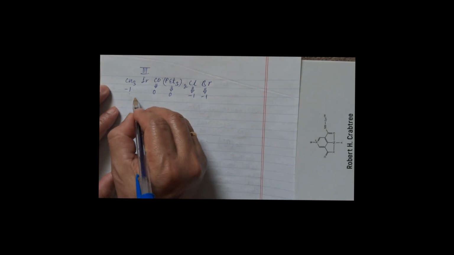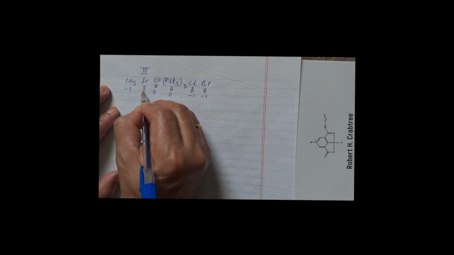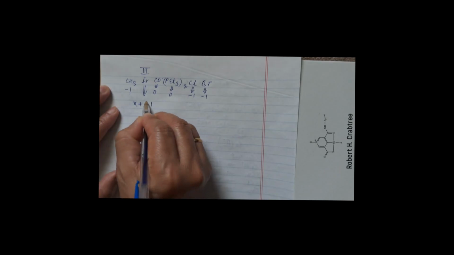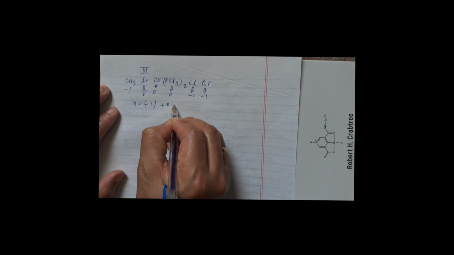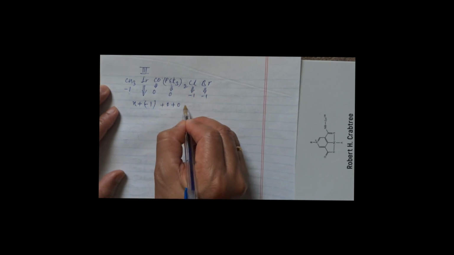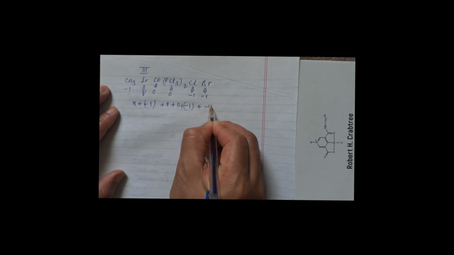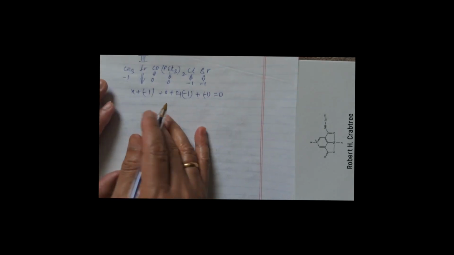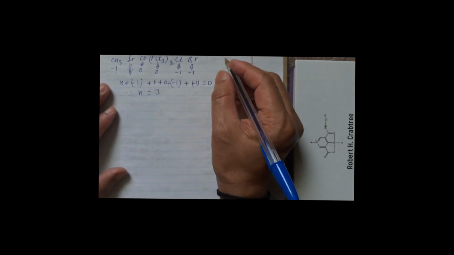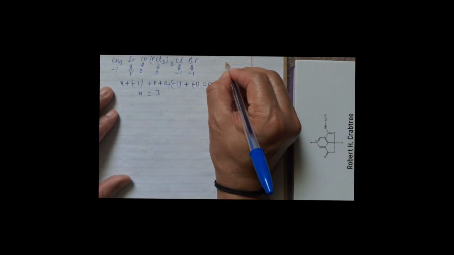Or simply you can do it this way: let's say X for this, for methyl -1, 0 for this, 0, this one is also 0. For chlorine this is a -1 again, and bromine -1 equals 0. So if you solve it, you'll get the value 3 again. So the oxidation state will be 3 here.